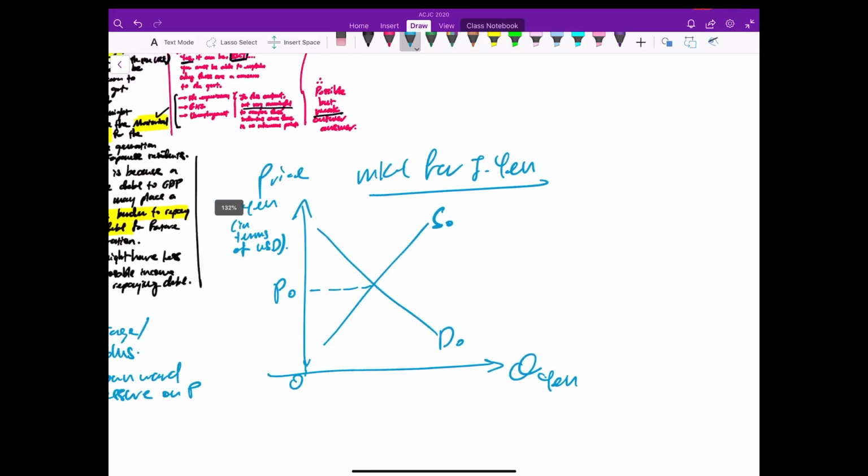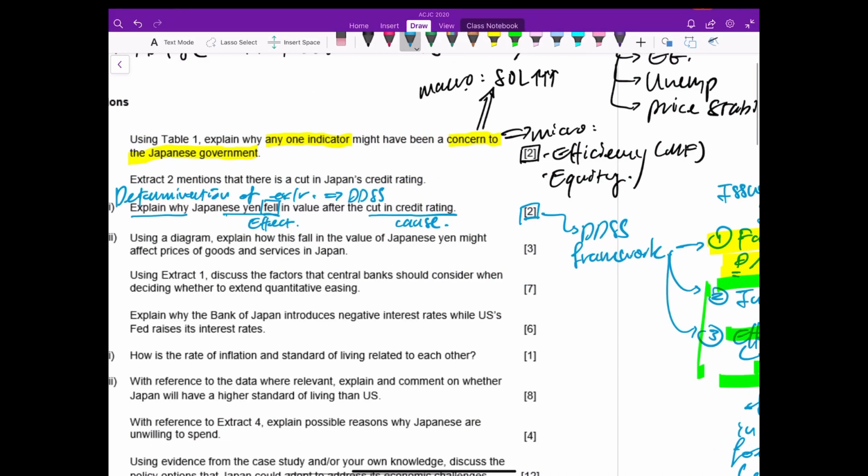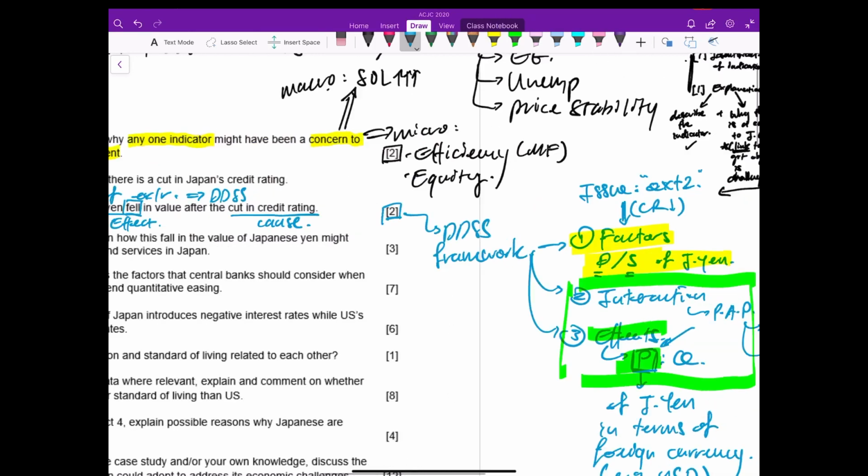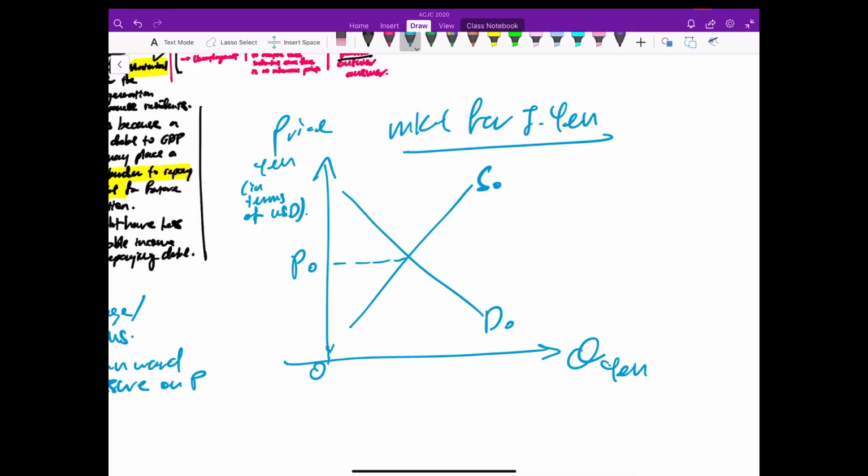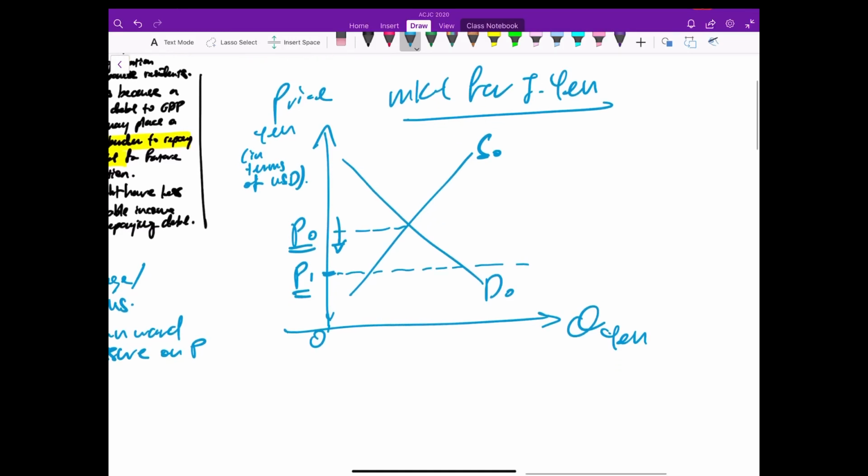The question says Japanese yen fell in value. Fell in value, what does it mean? It means P falls. Okay, that's what it means. P falls, fall in value. So you know that your new equilibrium P is P1, which is anything lower than your P0.